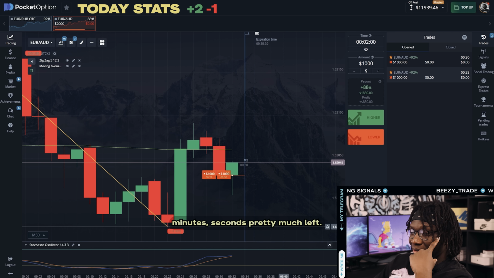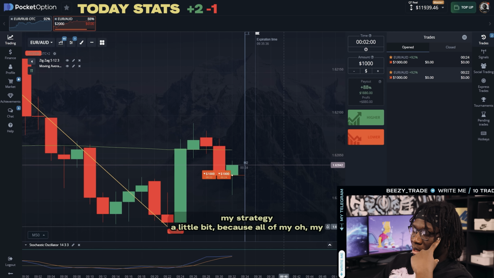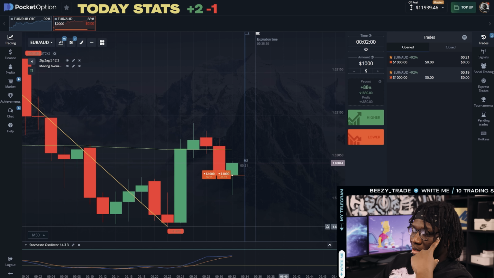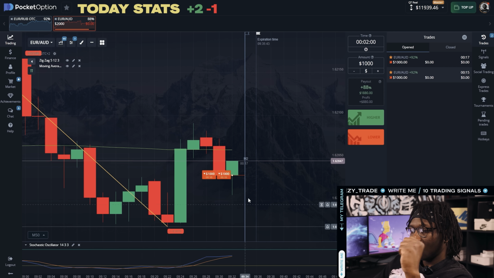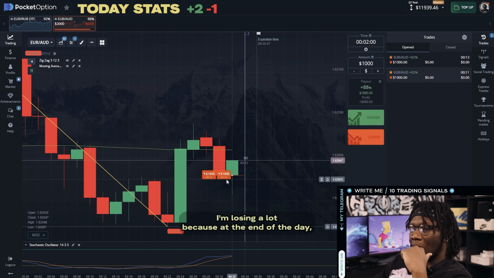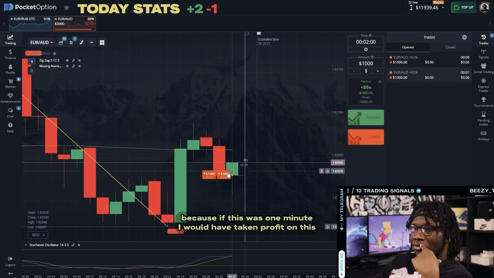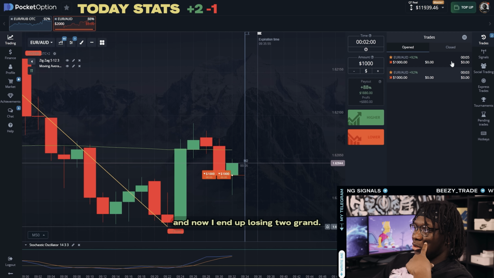I'm thinking what I could do is switch my strategy a little bit, because all of my trades feel correct, but I feel like my time frame of 2 minutes, I'm losing a lot, because at the end of the day, if this was 1 minute, I would have taken profit on this, and now I end up losing $2,000.